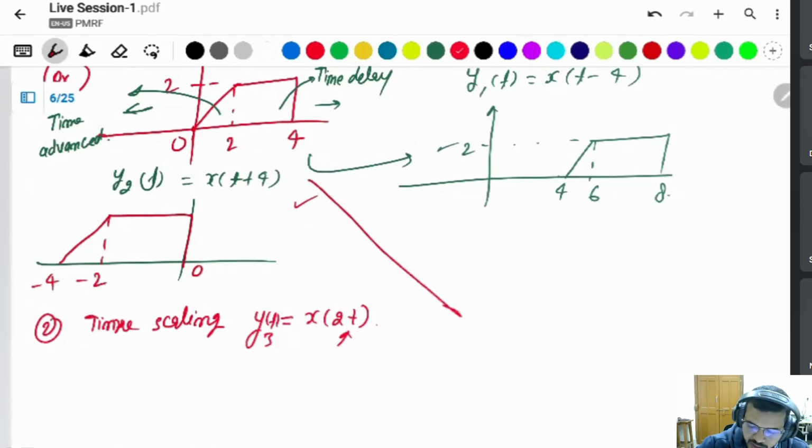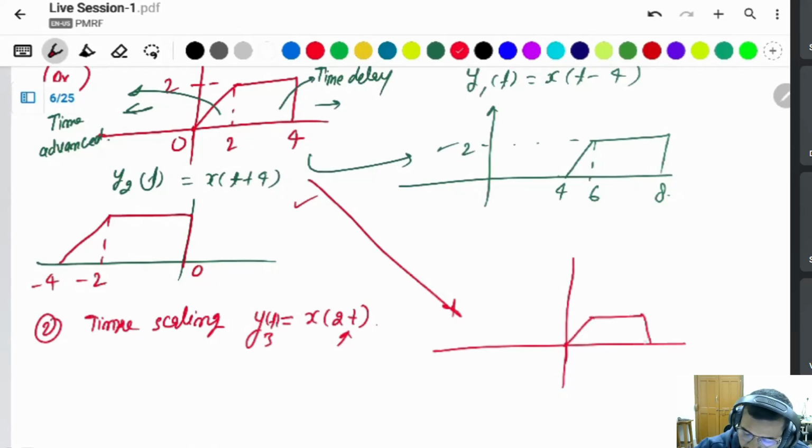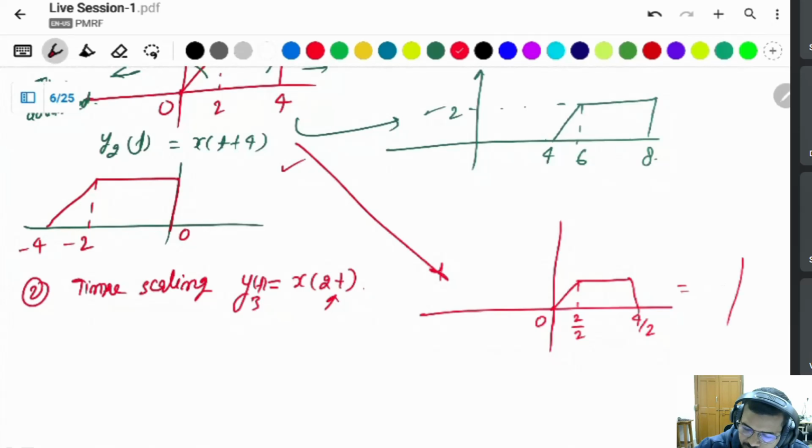Our original signal is this one, then the whole signal will be compressed. It means it will be divided by 2: 0, 2 by 2, 4 by 2. Then it will become 0, 1, 2. This is the time scaling property.